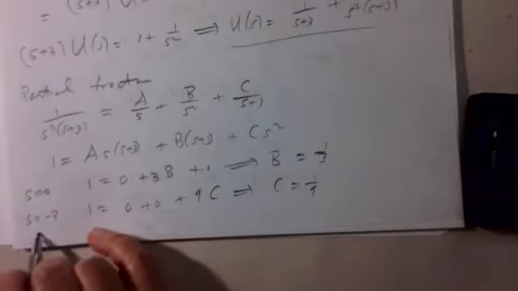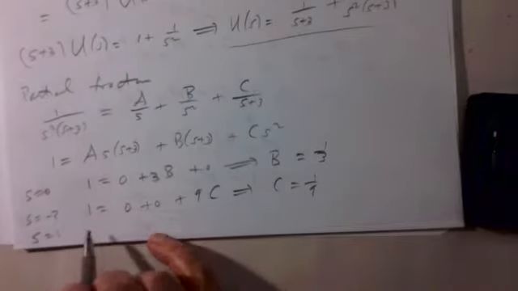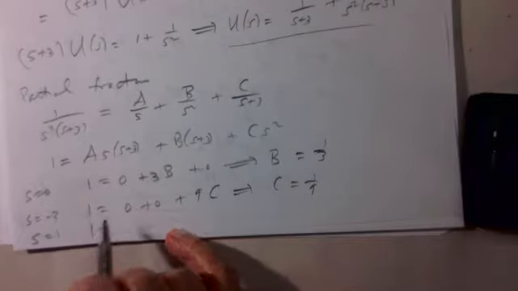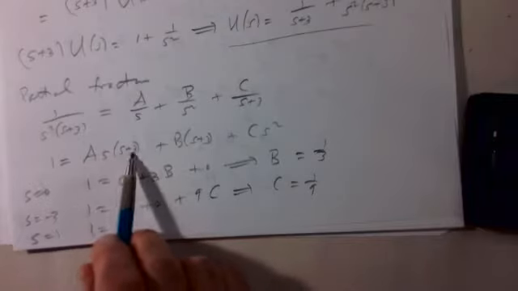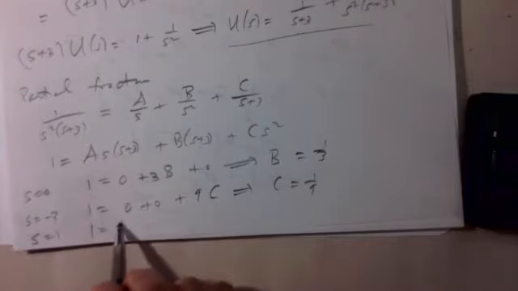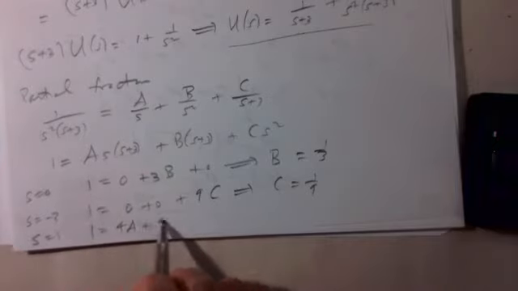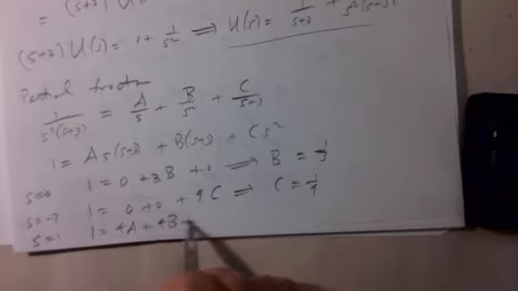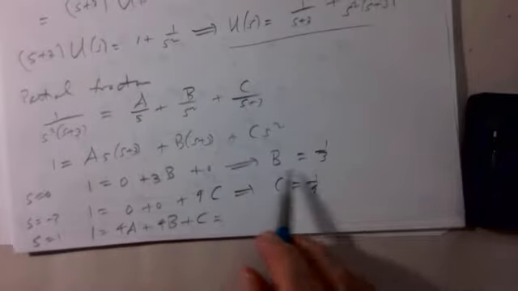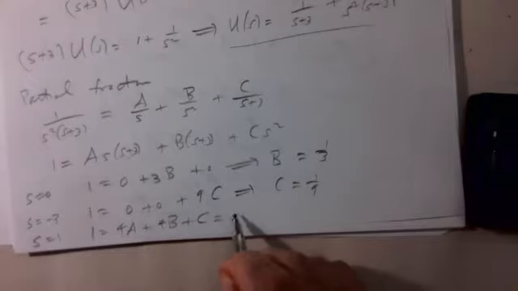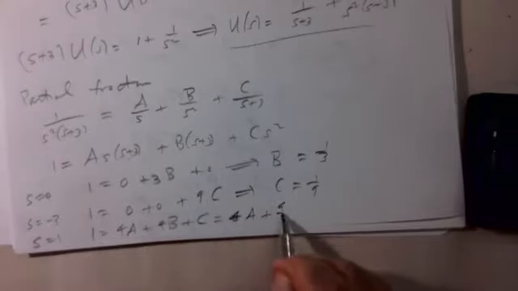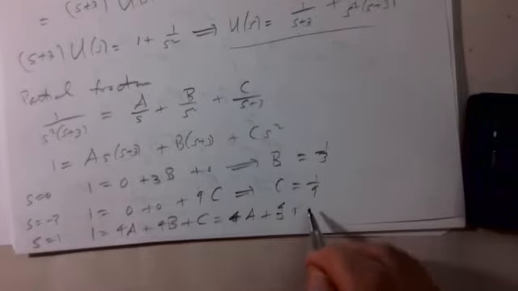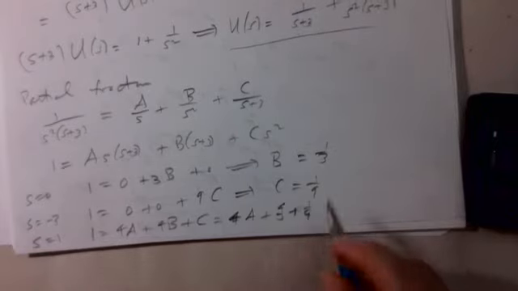Let's try. Suppose I let s equal 1. I get 1 is equal to a times s times (s plus 3), that's 1 times 4, so 4a, plus 4b plus c. But I know b and c. This is 4a plus 4b, which is 4 thirds, plus c, which is 1/9.